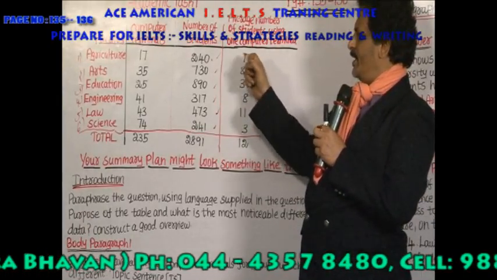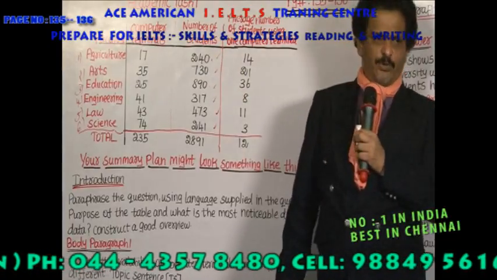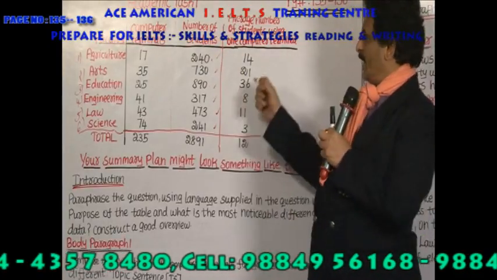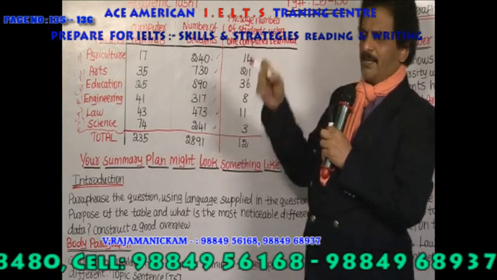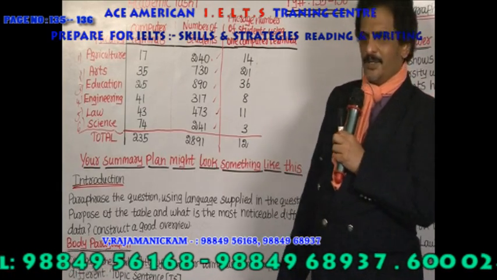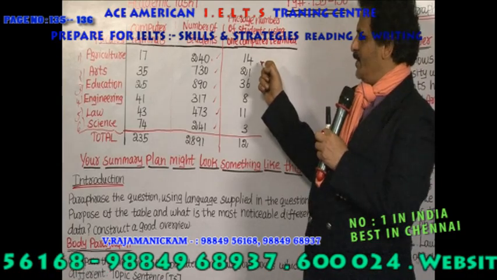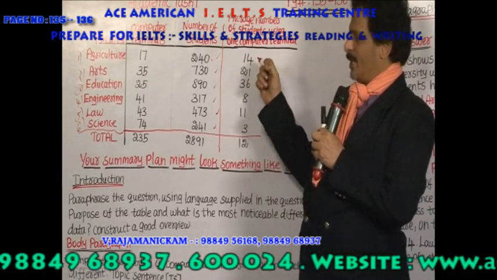By 240 divided by 17, you get 14. So one computer is used by 14 students.